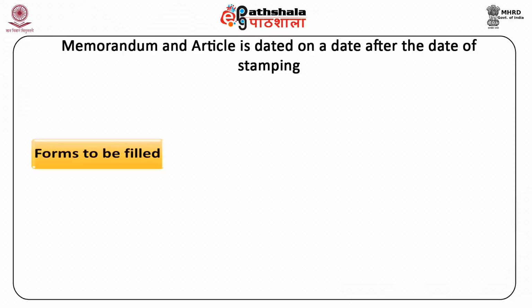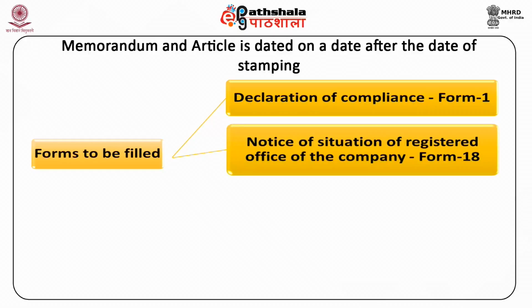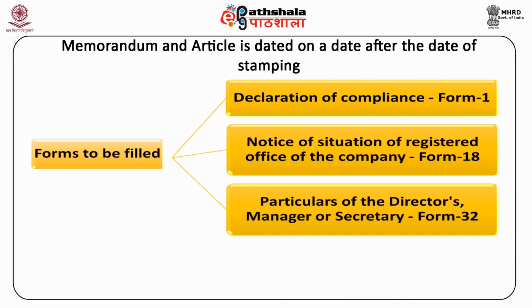E-forms, namely: 1. Declaration of Compliance under Form 1, 2. Notice of Situation of Registered Office of the Company under Form 18, and 3. Particulars of the Directors, Manager or Secretary under Form 32.